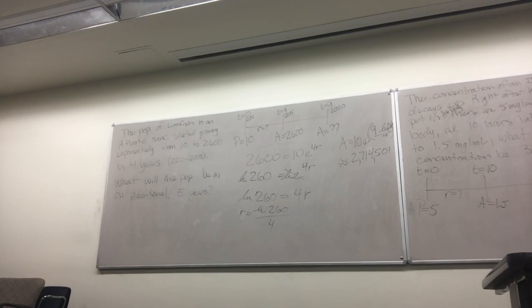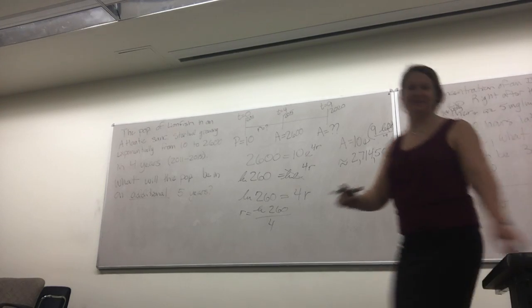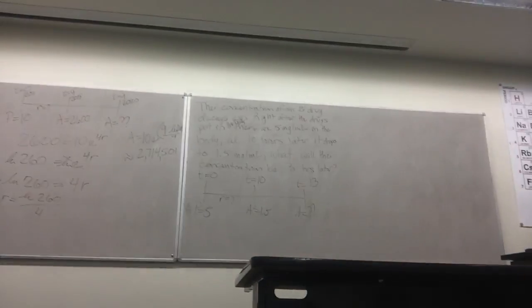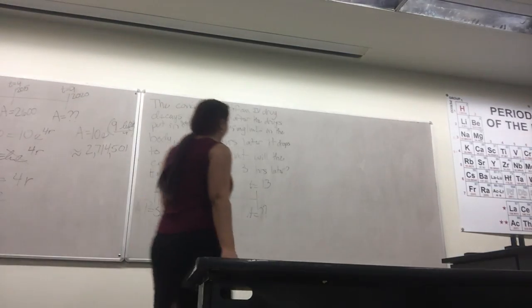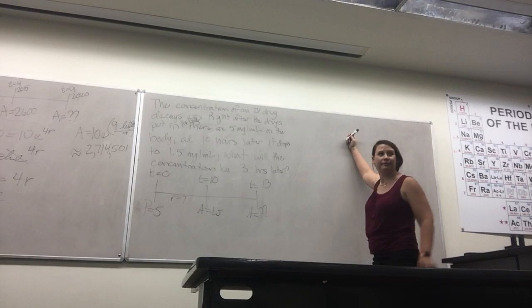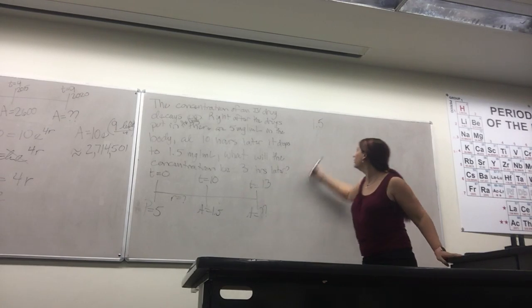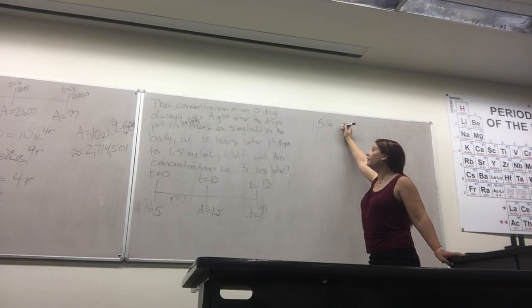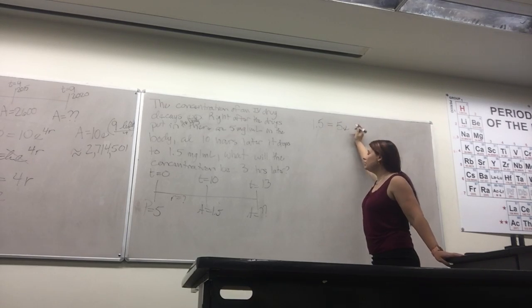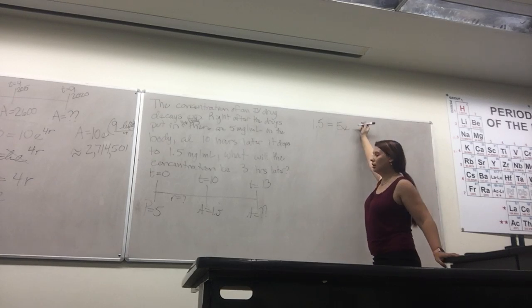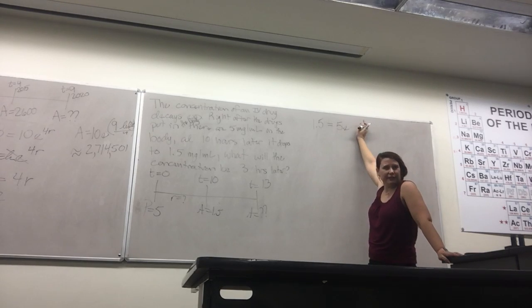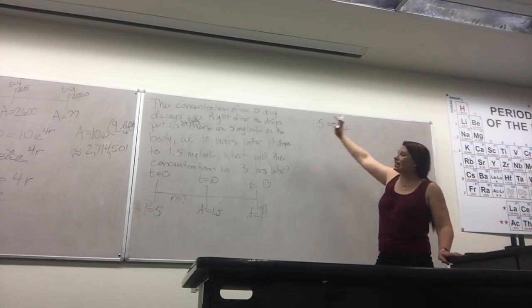Okay, so how do we set it up? 1.5, because that's the middle point A, equals 5 e to the R, well, we can leave it as just R. It'll negatize itself, because it's decaying.